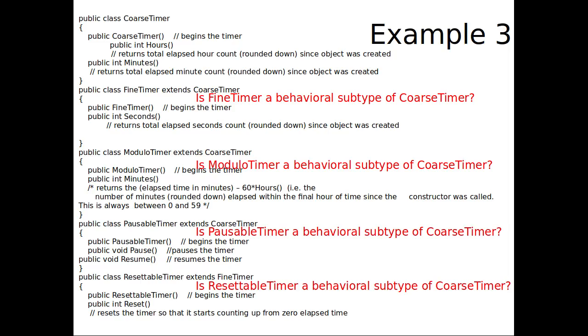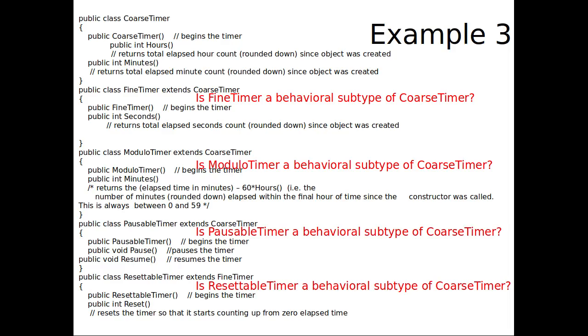How about modulo timer? So modulo timer, in contrast to fine timer, overrides minutes. How does it override minutes? Well, it figures that it's more useful for people, instead of getting the total elapsed minutes, to provide minutes just within the last hour. So if it occurred 3 hours and 10 minutes ago, it's just going to give you 10 instead of 190.